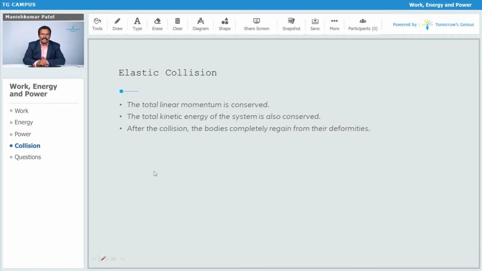Let's say I have two spheres of mass m1 and m2, moving with different velocities. Let's say this is u1, and this is u2.